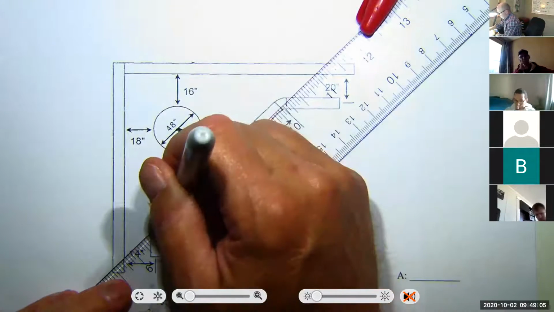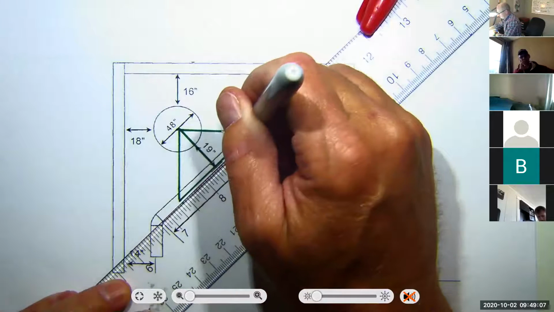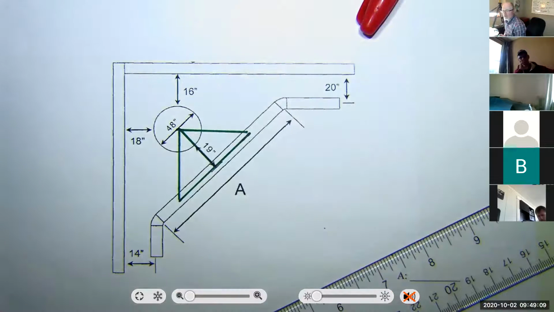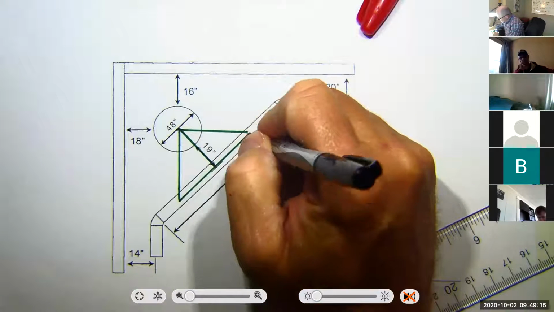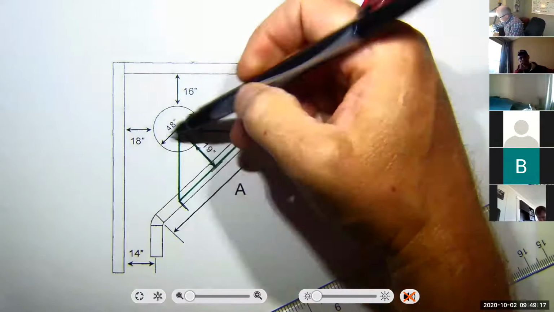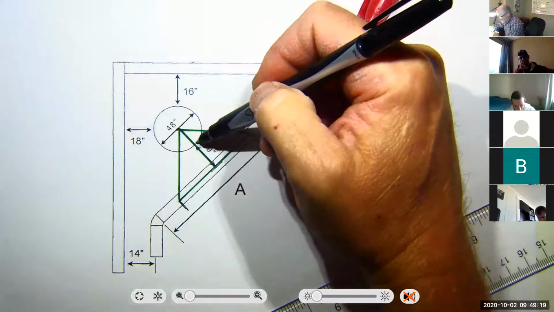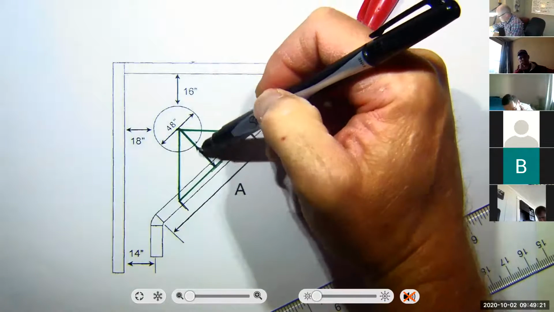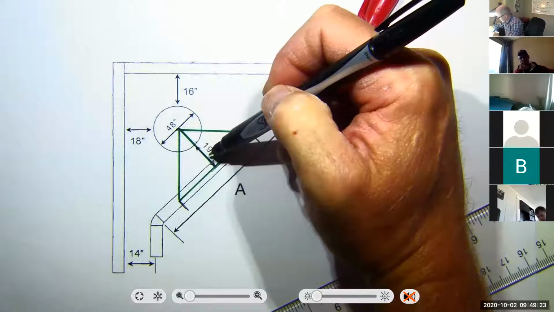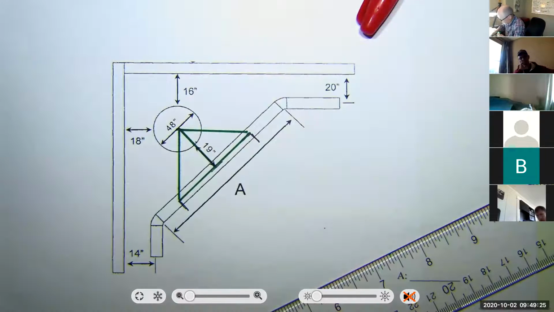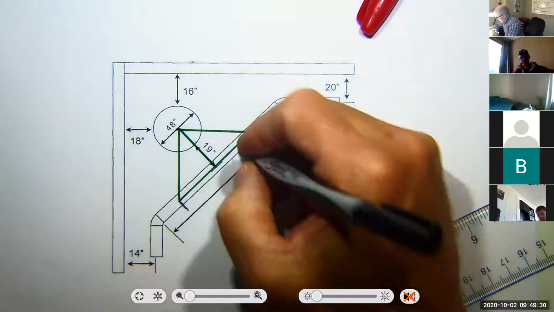And I'm going to make 2 right angle triangles. Right like that. So I can get this measurement now. Half of 48 is 24 plus 19 is 43.